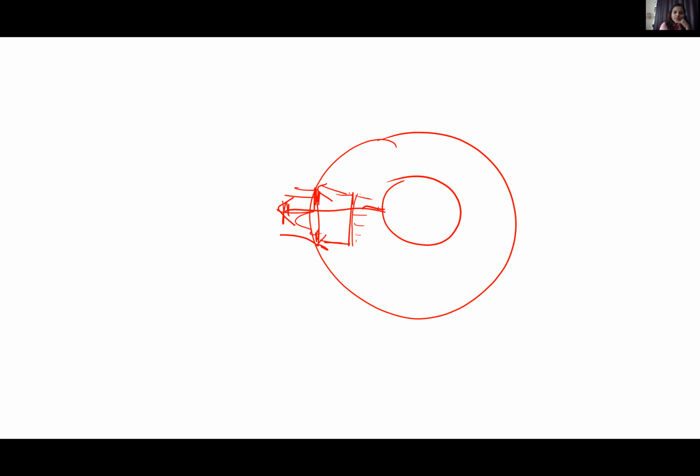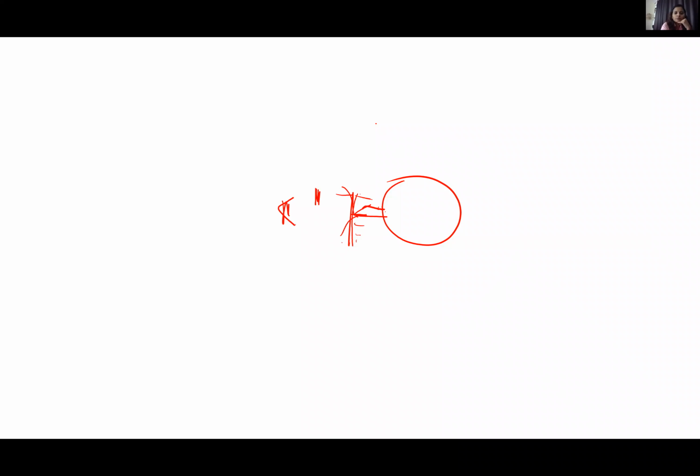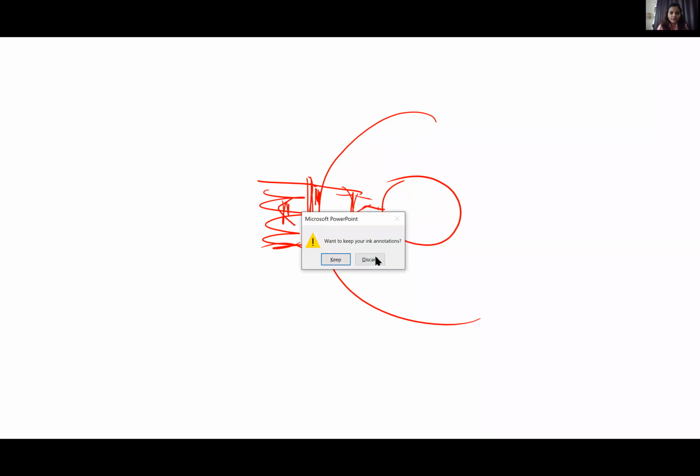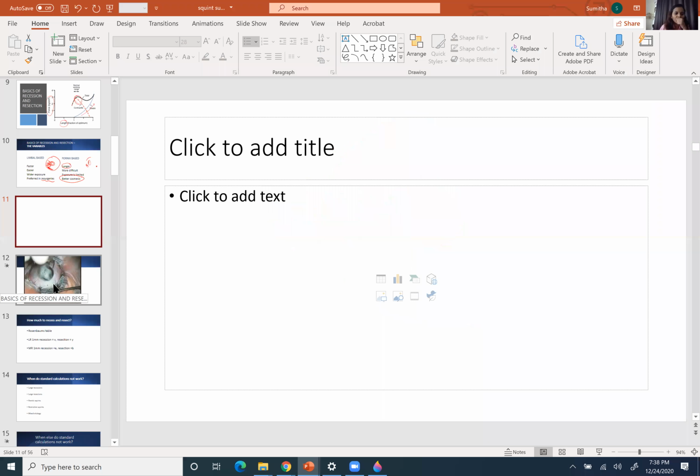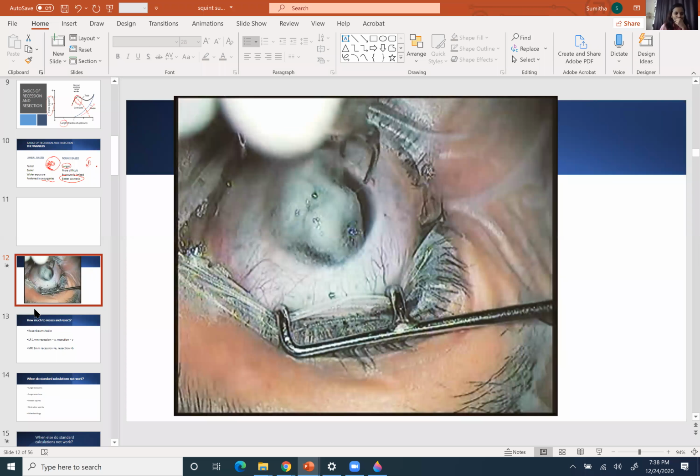But in case the insertion is very posterior and you don't want to go so deep down where it's difficult to actually pass a suture on the sclera, then what you can do is take the bites anteriorly and let the suture hang back, like this, and the muscle hangs at the region where you want it to be. So this is a hangback technique. That's another variation in the type of surgery that people practice.